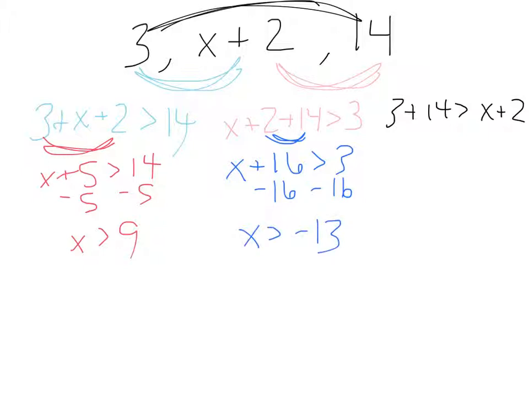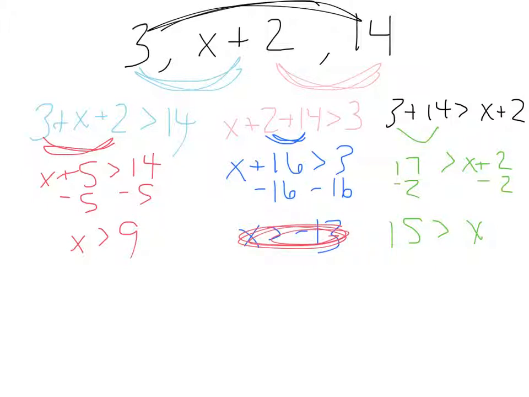And one more. 3 plus 14 is 17. Now to get x by itself, we subtract over our 2, so we get 15. Alright, we need to cross out our smallest one here, which would be this one. Alright, we put our smallest number on the left, biggest number on the right, x in the middle.